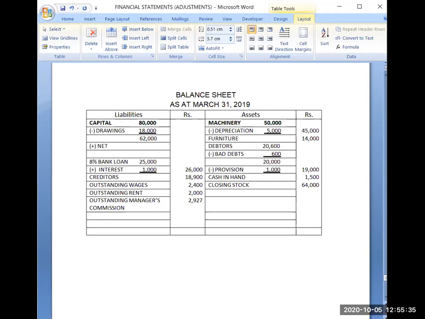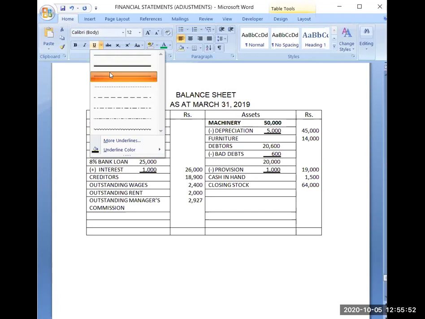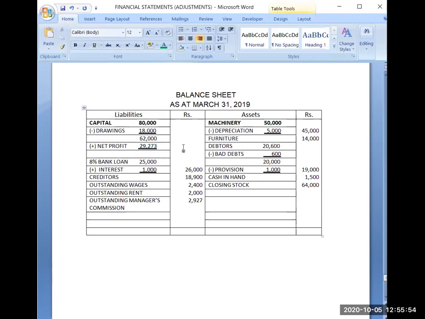Your net profit is 29,273. And when I will be adding it, now the capital will become 62 plus 9, 71 plus 20, 91,273.